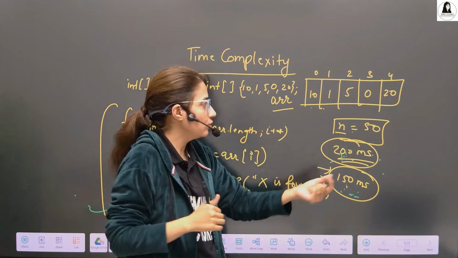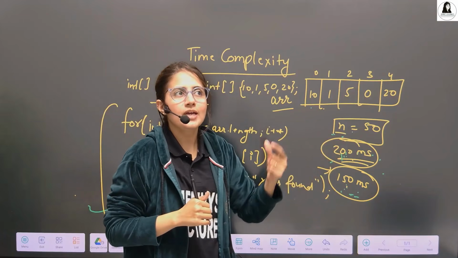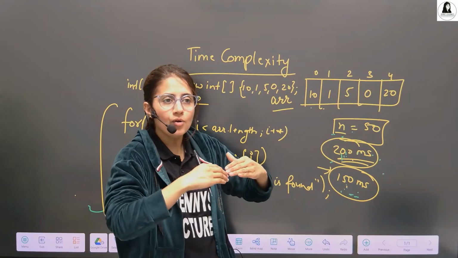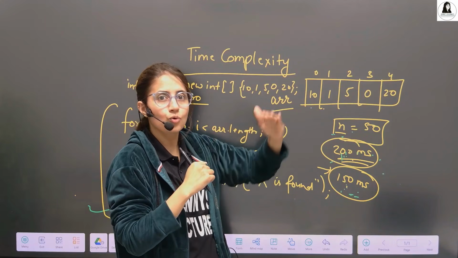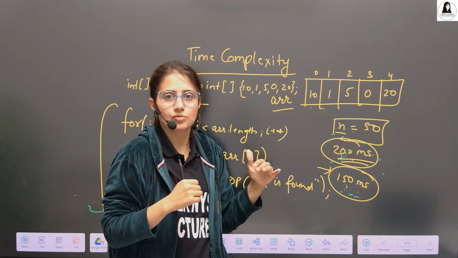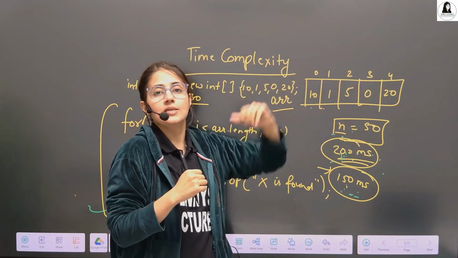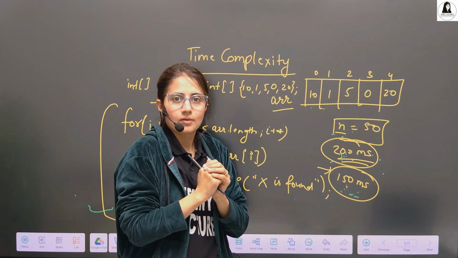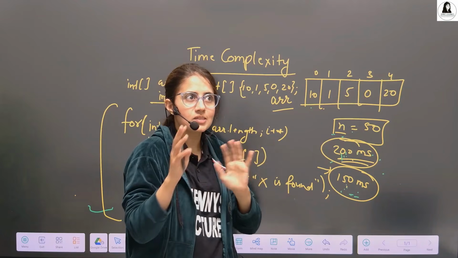So basically, it depends on n. It will show the relationship of how the time grows as the input size grows, as the input size increases. So it shows that relationship, right? Now, what does that mean?